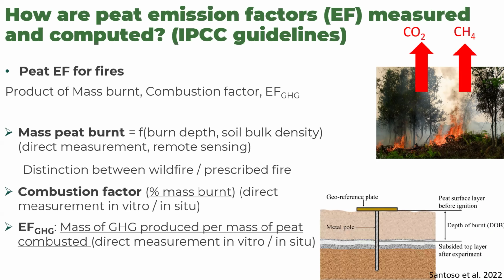So the mass of peat that is burned depends on the burn depth and the soil bulk density. And the IPCC makes a distinction between wildfires and prescribed fires. The combustion factor is simply the percentage of mass that is burnt, and the emission factor refers to the mass of greenhouse gas which is produced per mass of peat combusted.